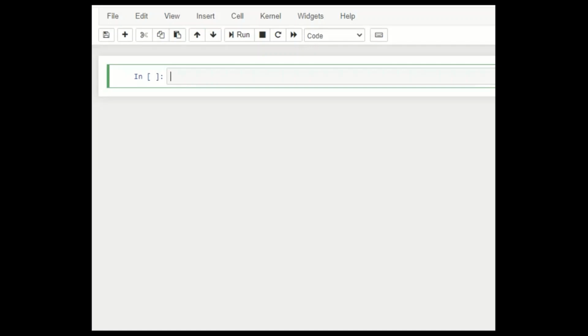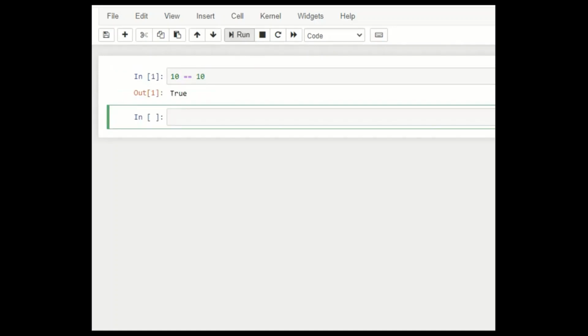So we're back in our Jupyter notebook, and let's see the comparison operators in action. I'm going to say 10 equal to 10. That should return true because both the values are equal, which it does. Let's try 10 not equal to 10.